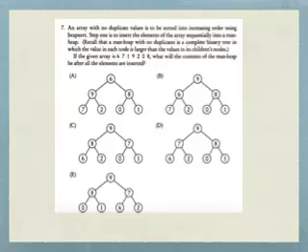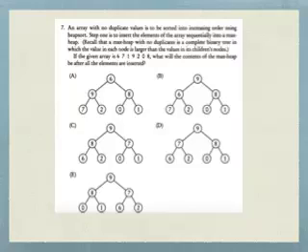Let's go through these 5 different max heap choices. For choice A, if we compare 6 with the root of its left subtree, 9, and the root of its right subtree, 8, 6 is less than both of them.